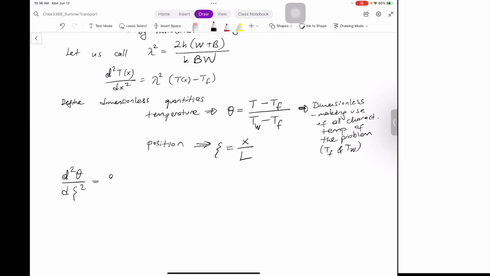This is basically nothing but the second derivative, or one derivative followed by another derivative applied to theta.